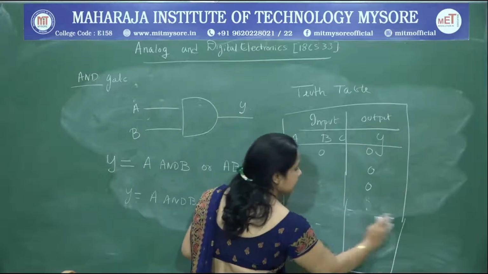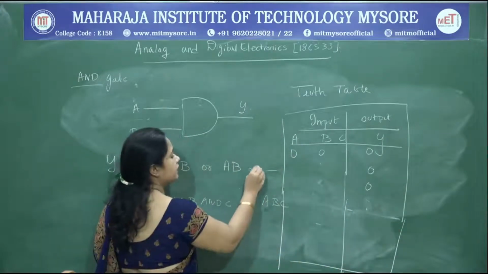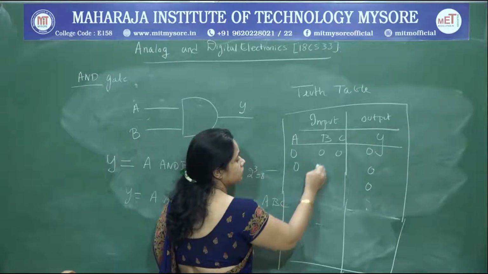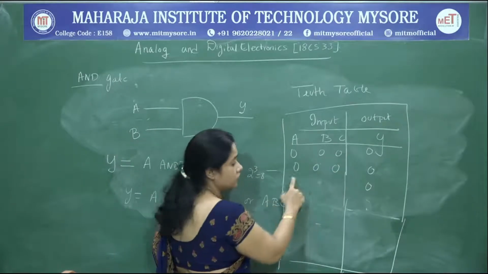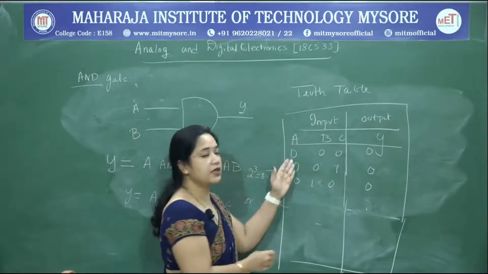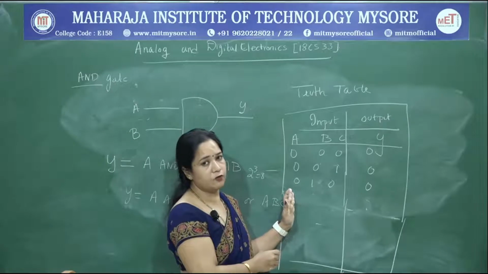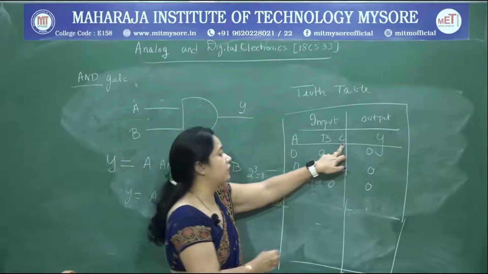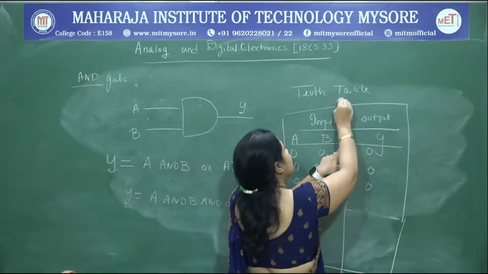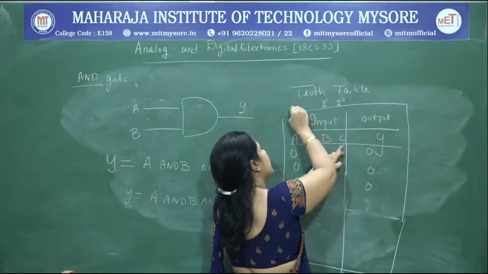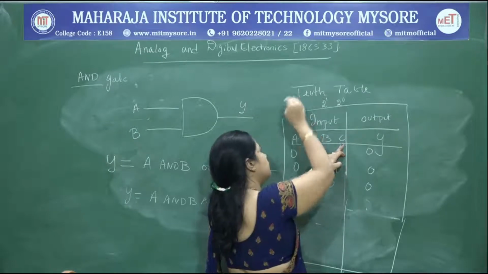and since there are 3 inputs, 2 power 3, we will have 8 possible combinations, 0 0 0 representing 0, 0 0 1, 0 1 0. This binary system you are already comfortable with. So the least significant bit has a weightage of 2 power 0, this has a weightage of 2 power 1 and this has a weightage of 2 power 2.